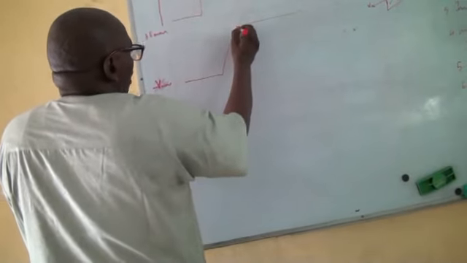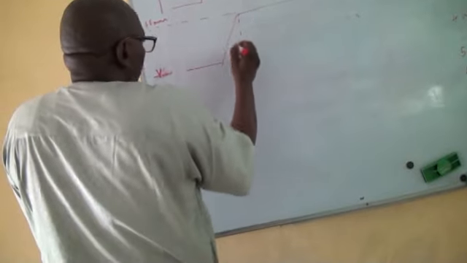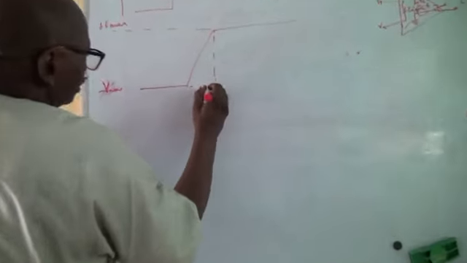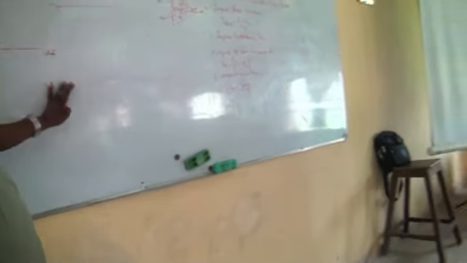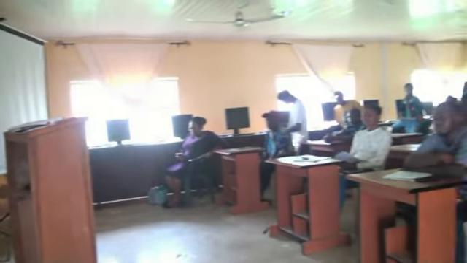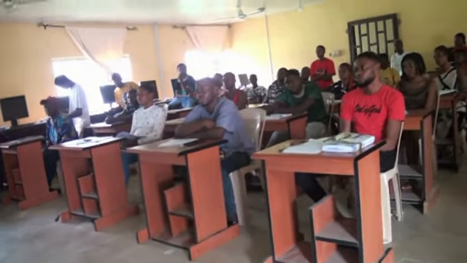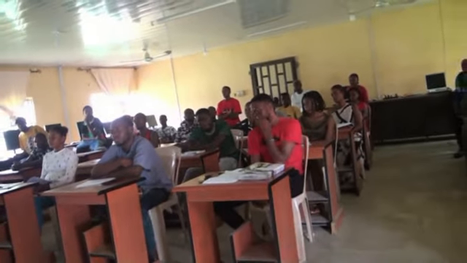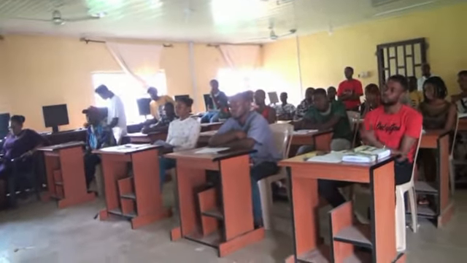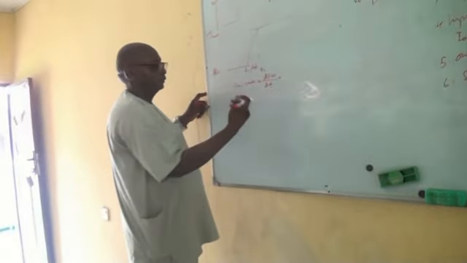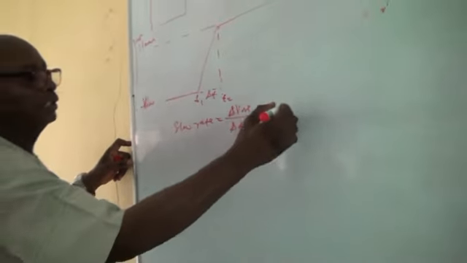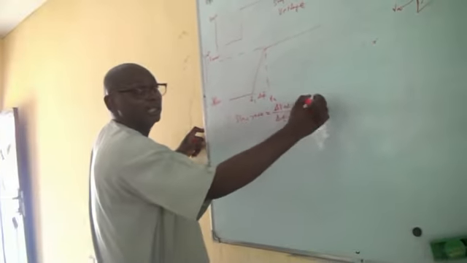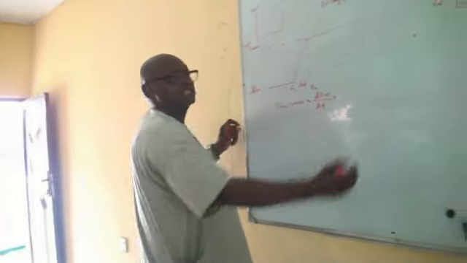And then here will be the change in time. If you want to go further, you can say this is now positive V max minus negative V max, and then T2 minus T1. That will be another thing.